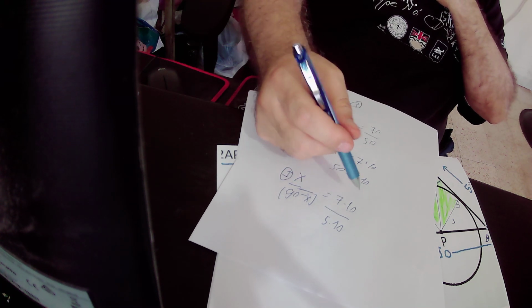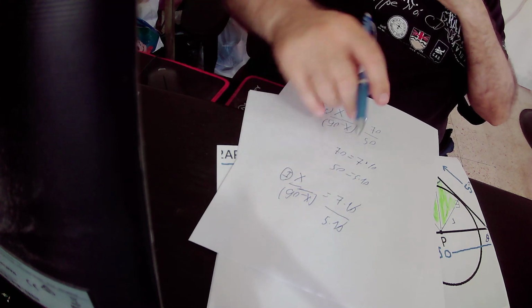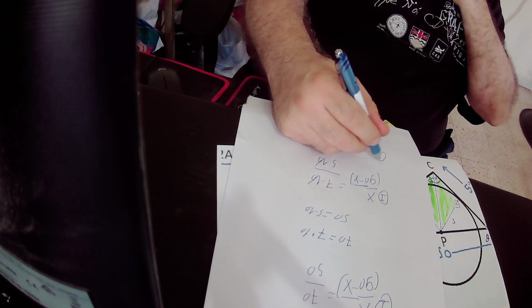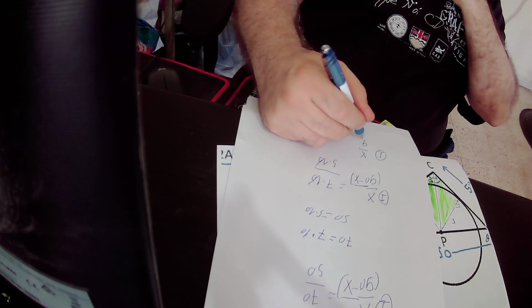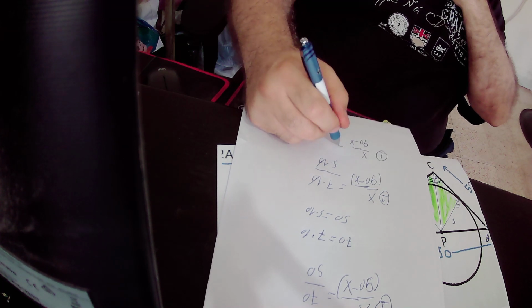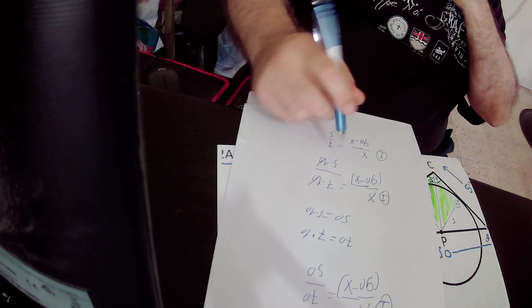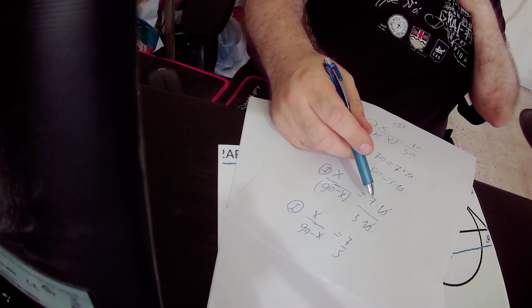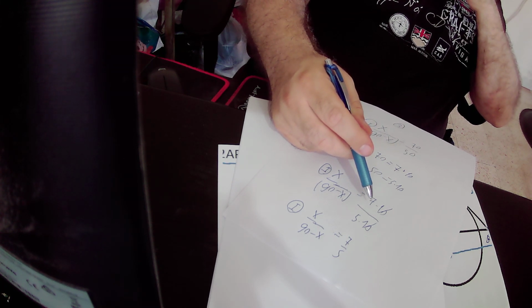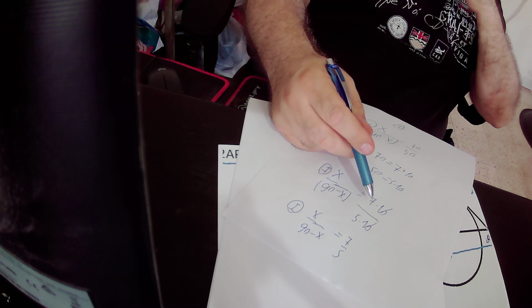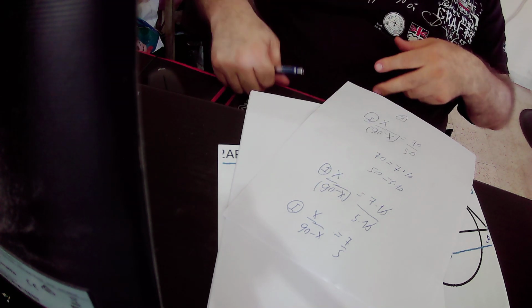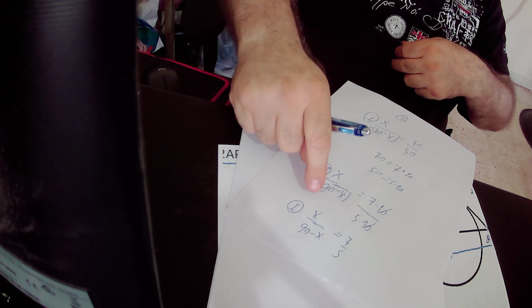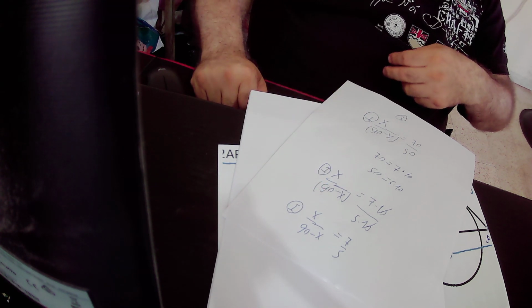So we'll get that x over 90 minus x equals 7 over 5. Okay, we canceled 10 in the numerator and denominator.